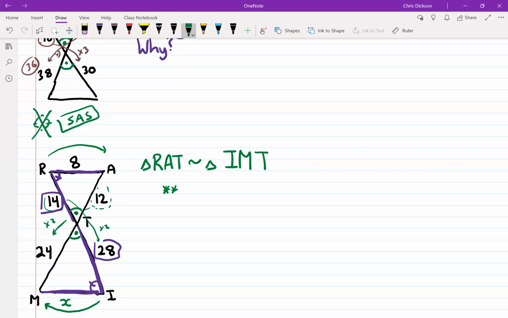Let's do IM. IM divided by RA would have to give me the same ratio as MT, that's the bigger triangle, MT divided by AT.